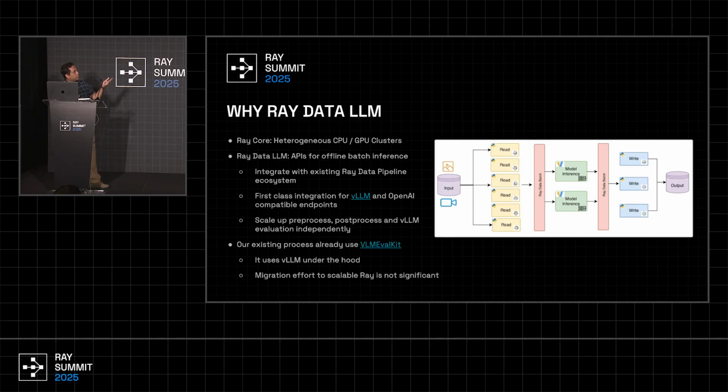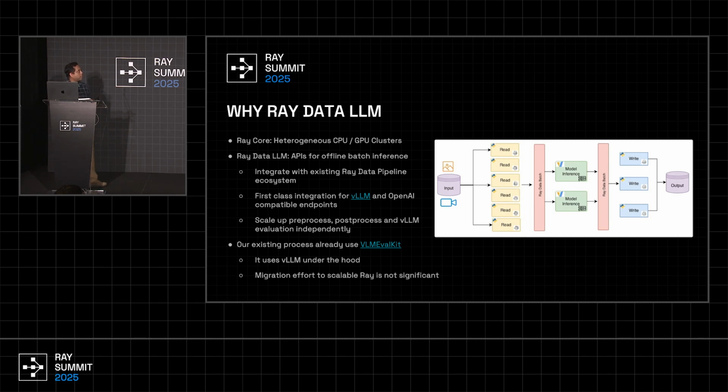So if you can see on the inputs, we have images and videos. And once we read these images, we can play with the batching mechanism. And then we have the model inference layer. And then we write it out to some S3 bucket, or we can also do some post-processing.